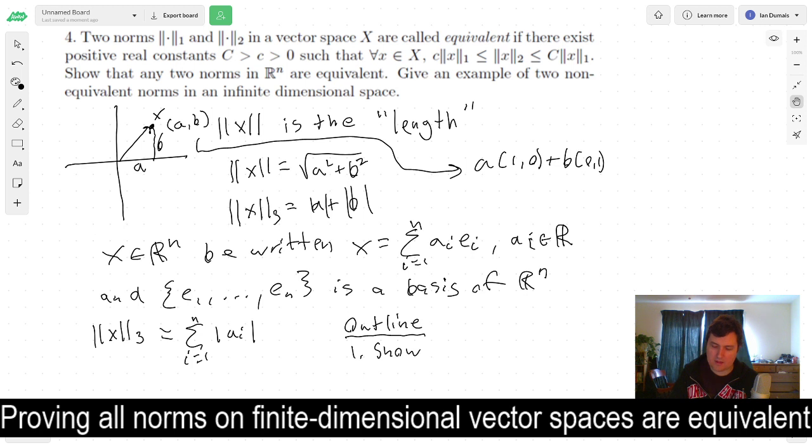So we're going to show that norm equivalence is transitive.